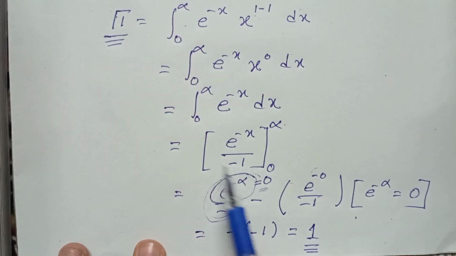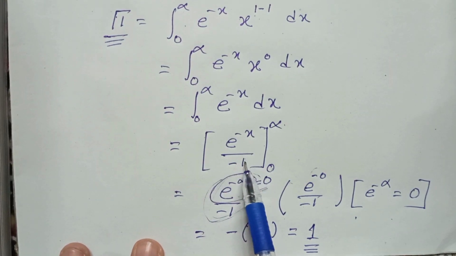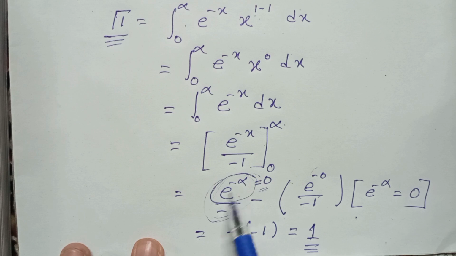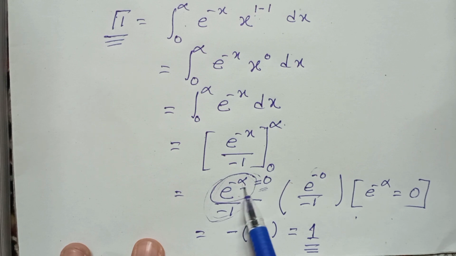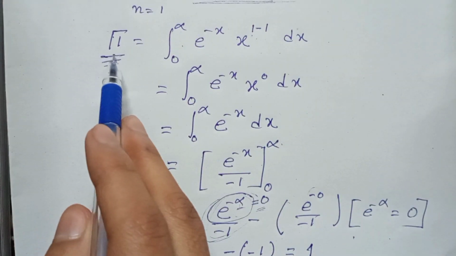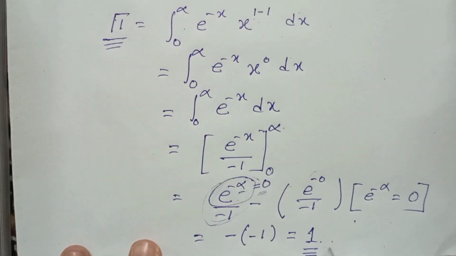Then we have done the integration, which is e to the power minus x by minus 1 with the limit 0 to infinity, and then we get e to the power minus infinity by minus 1 minus e to the power 0 by minus 1, and e to the power minus infinity is equal to 0. So we get here minus in the bracket minus 1, minus minus plus, and the final result is 1. So gamma of 1 equals to 1.